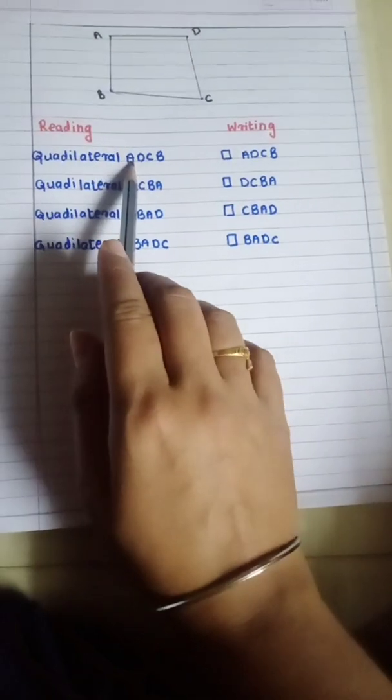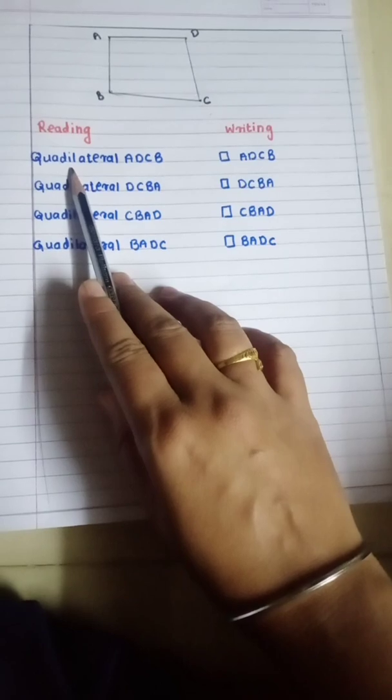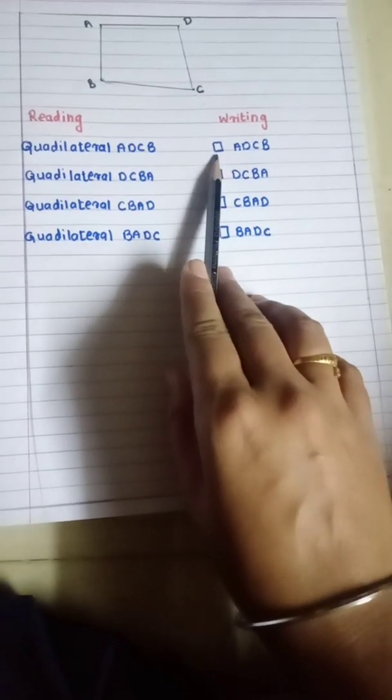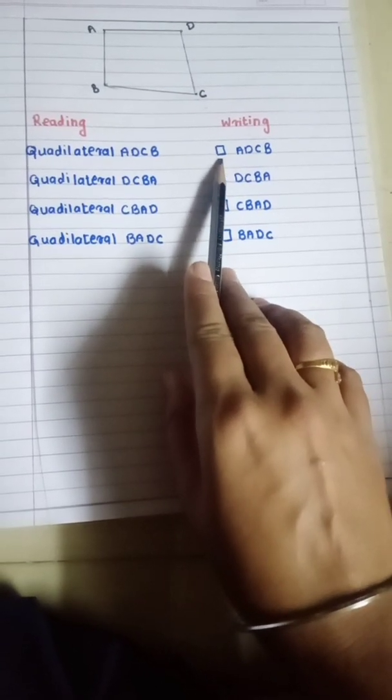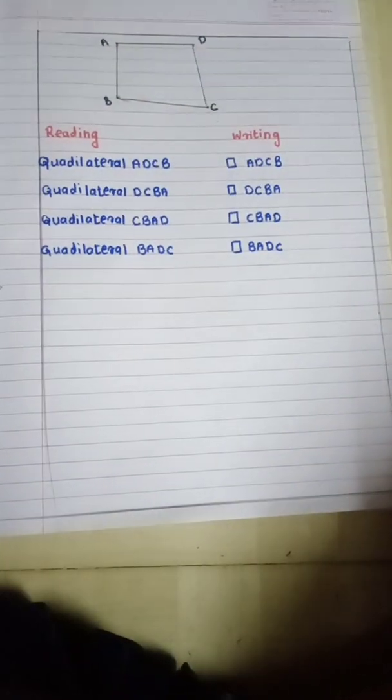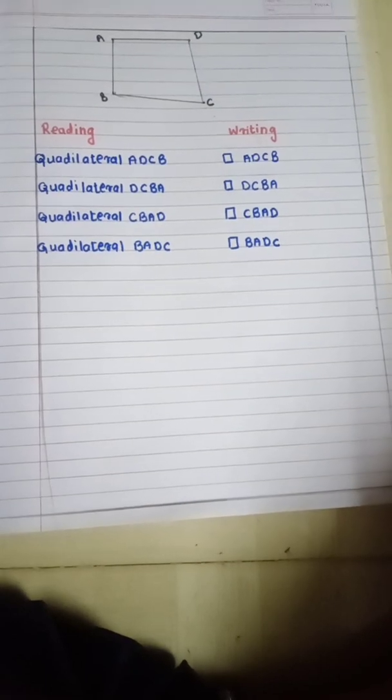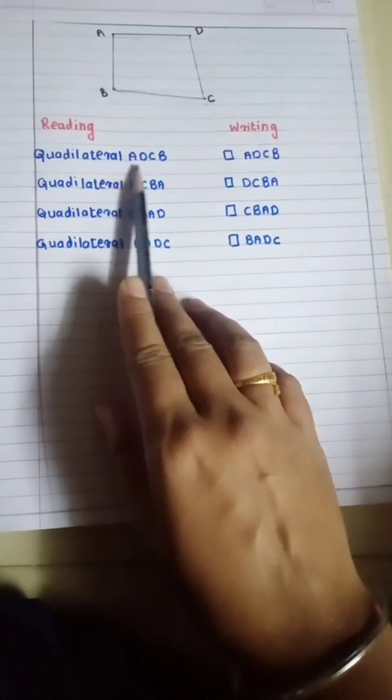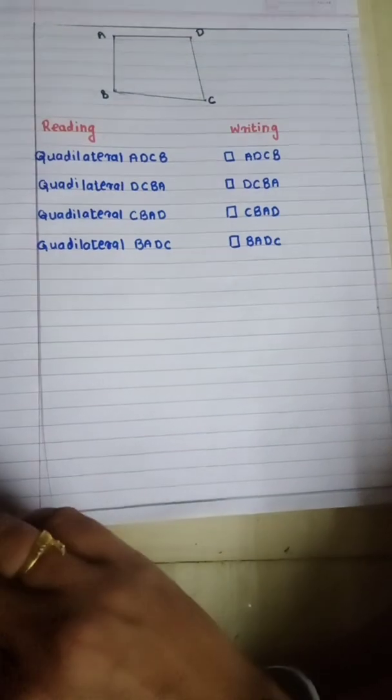See, quadrilateral ADCB. How can I write this? Instead of writing quadrilateral, I'll use the sign. This is the sign of quadrilateral, a square sign, ADCB. It's very easy to write, but while reading, I'll read quadrilateral ADCB.